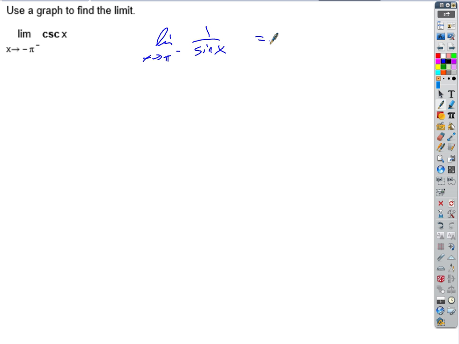We could do the same thing we just did before. We can look at the graph too, but you wouldn't have to. If I take this limit, I get 1 divided by, now what's this going to be on the bottom? If we're approaching pi from the left, what's that going to be a number like?